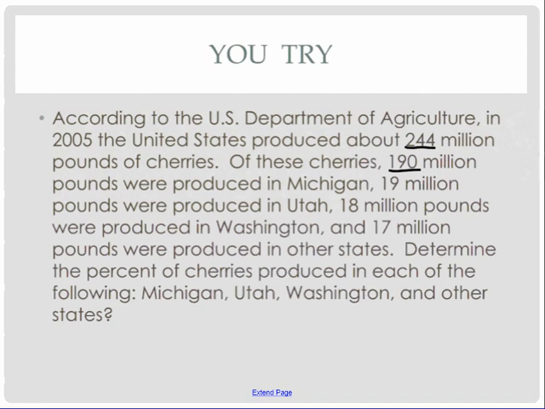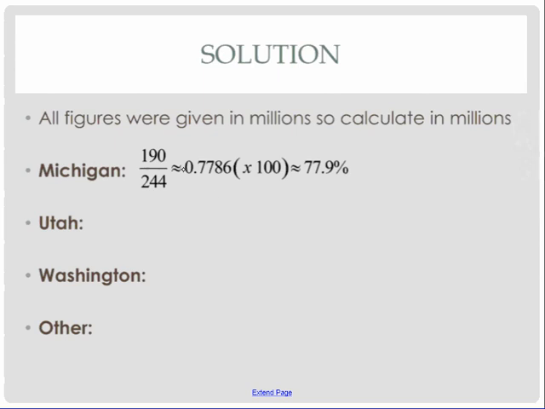Okay, so what we're going to do first is take the amount that we had, the pounds, divided by the total. Now, you don't have to worry about millions. I know it was 190 million, and that's okay, because 190 million divided by 244 million, these labels just end up dividing each other out, and they cancel.